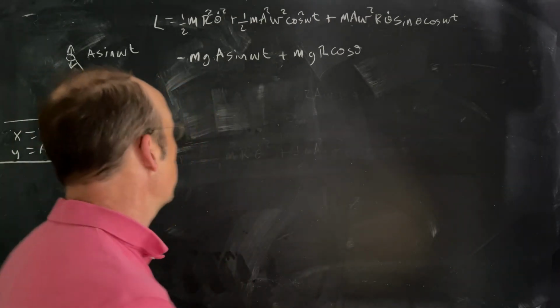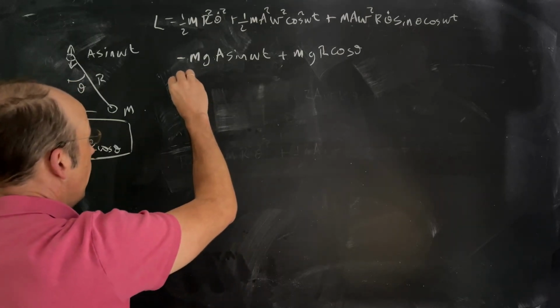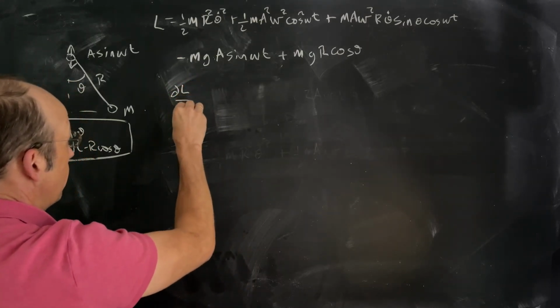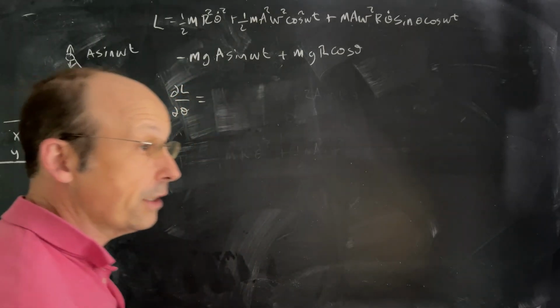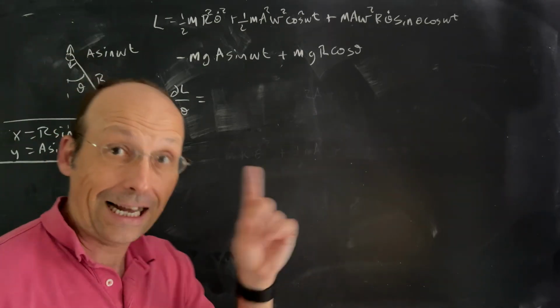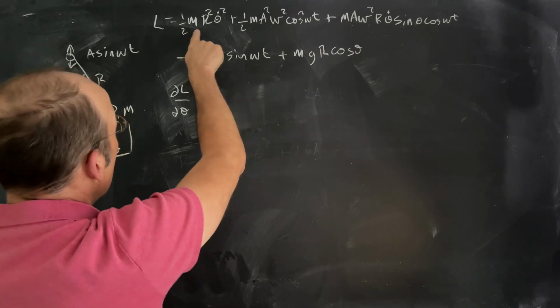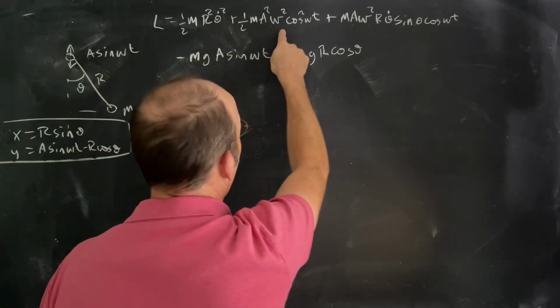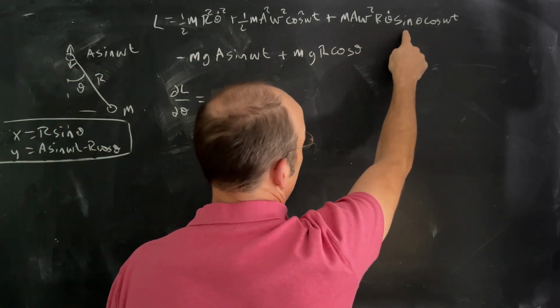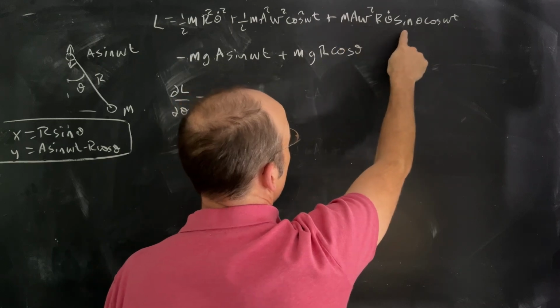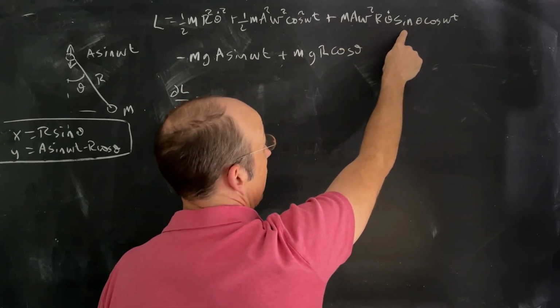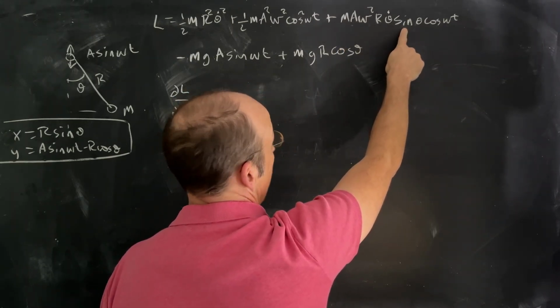Okay, now we can apply our Lagrangian. So let's do this in parts. I'm going to first take the partial of L with respect to theta. So let's go through and find all the theta terms. It has to be a theta. Okay. So no theta, there's a theta. So if I take the partial derivative with respect to theta, I'm going to get cosine theta. So that's pretty easy.